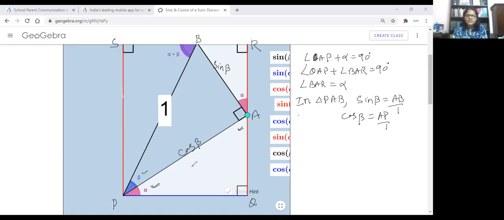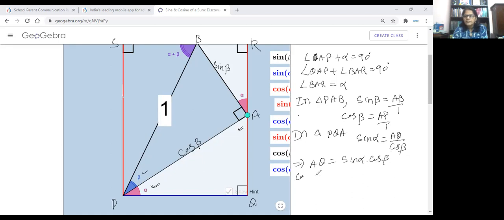Now let's come to triangle PQA. In this triangle, sine alpha equals P by H, AQ by cos beta. So this gives us side AQ equals sine alpha into cos beta.